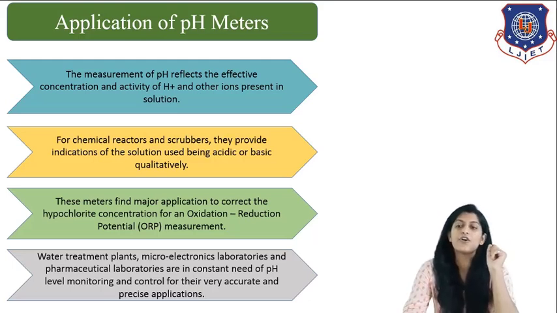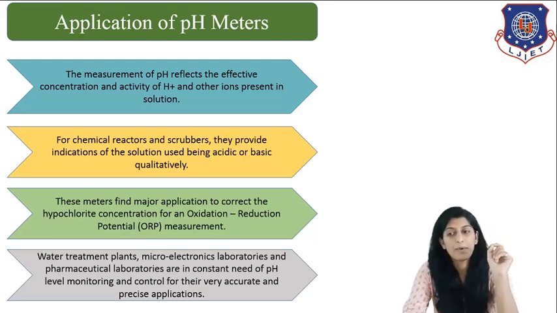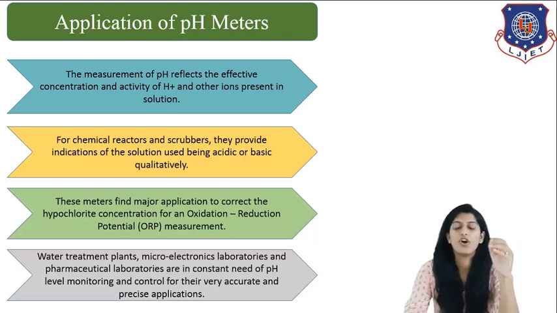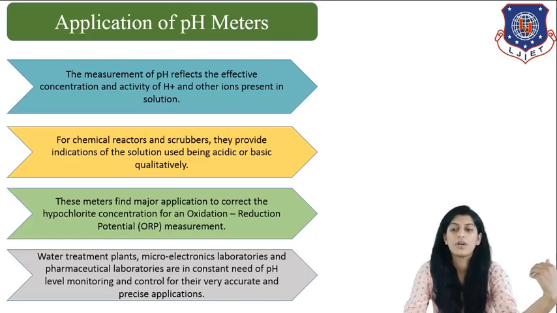Next, for chemical reactors and scrubbers, they provide an indication of whether the solution used is acid or base. So, depending on your need, you can select which kind of solution you need.